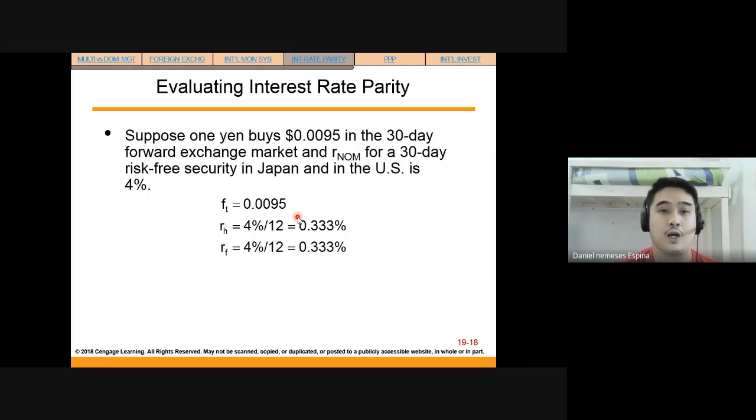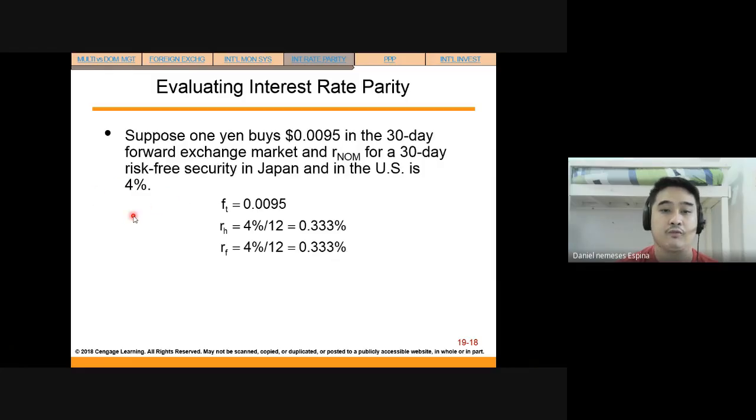So evaluating the interest rate parity, suppose 1 yen buys 0.0095 US dollars in the 30-day forward exchange market, and the periodic nominal rate for a 30-day risk-free in Japan is 4%. Okay, so take note of this 4%. Every time we encounter the interest rate, it is always expressed in annual terms.